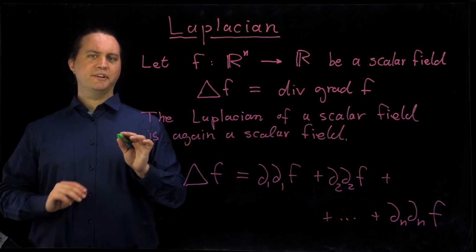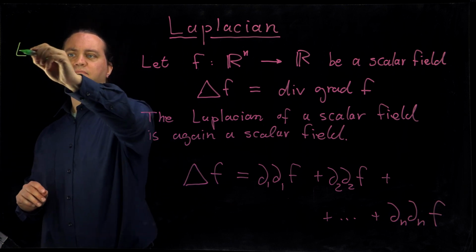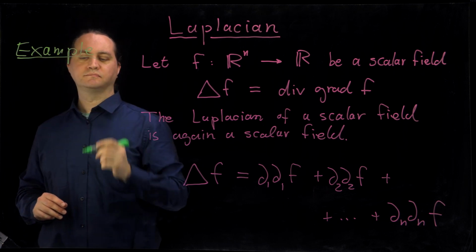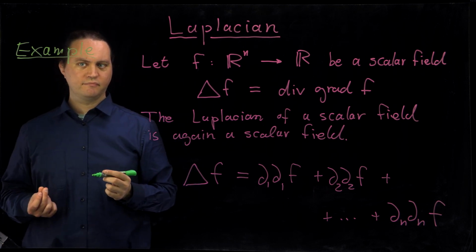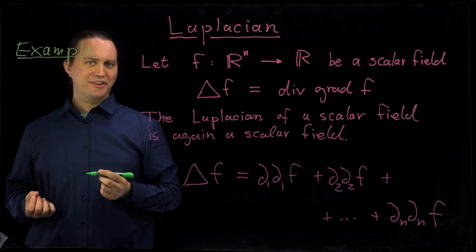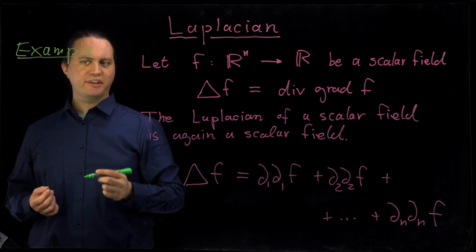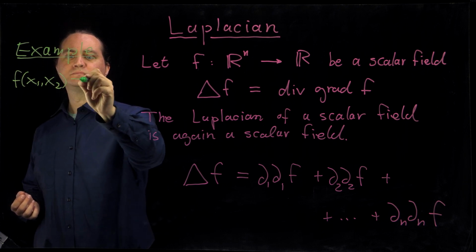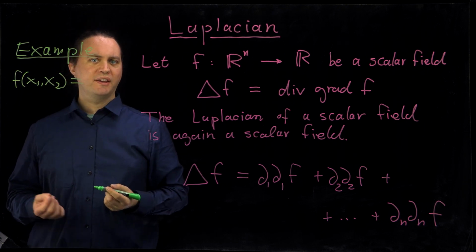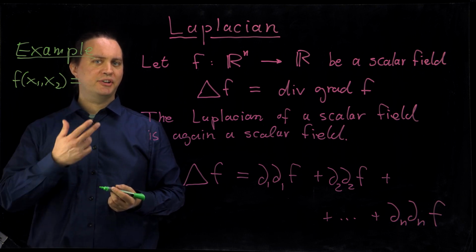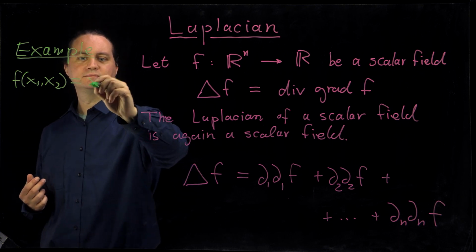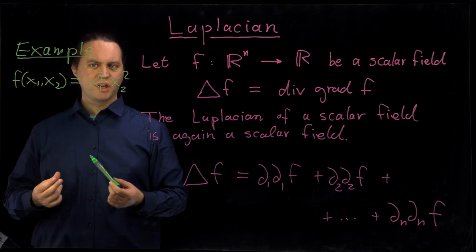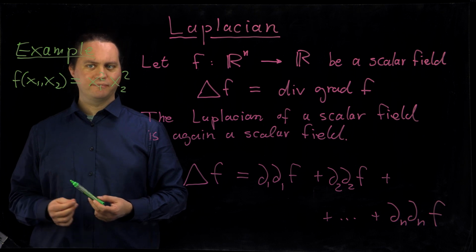As a very short reminder, let's do one example. Let's suppose a scalar field f in 2 variables is given just by x1 squared times x2 squared. What happens if we take the Laplacian of this?